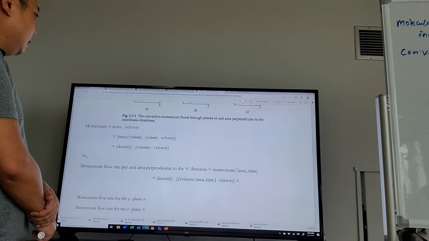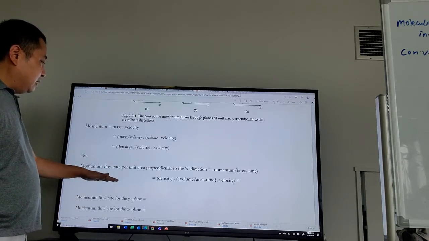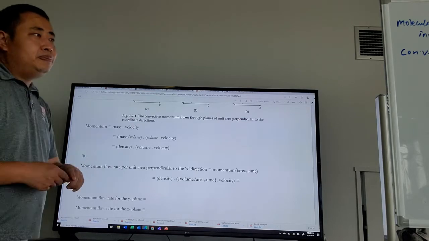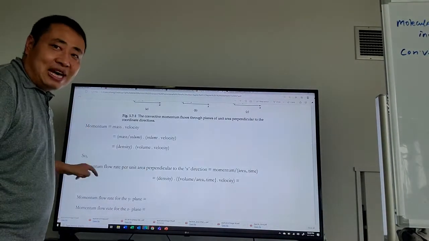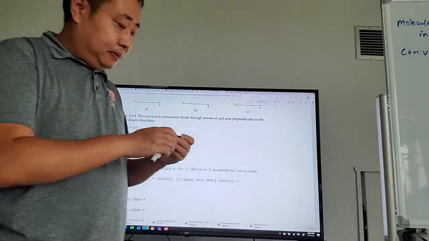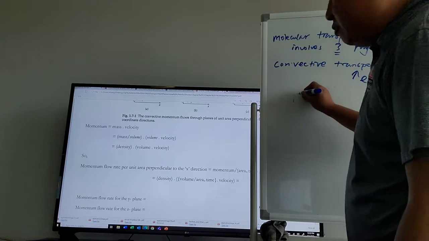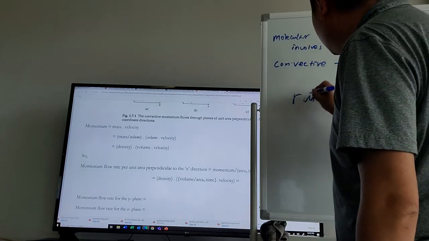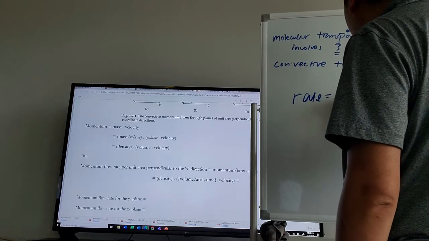Now if we look at the momentum flow rate per unit area, what's this? Momentum flux. Remember, when we talk about rate, it is something divided by time.